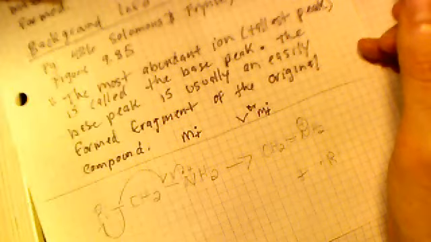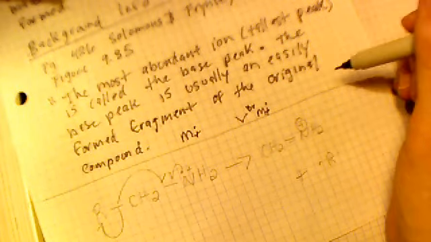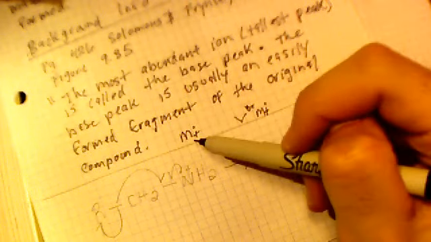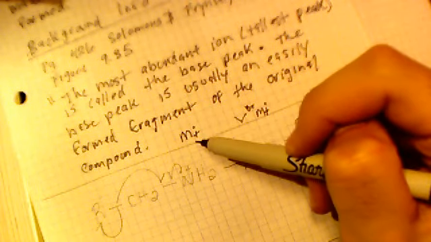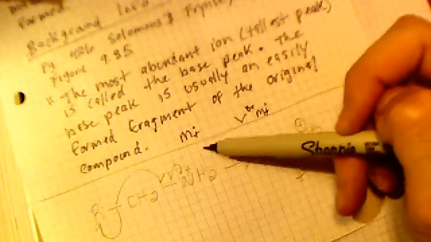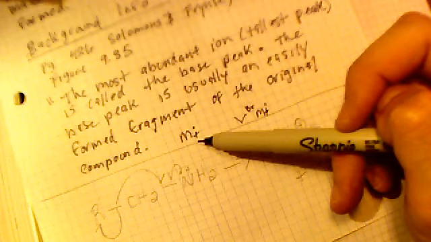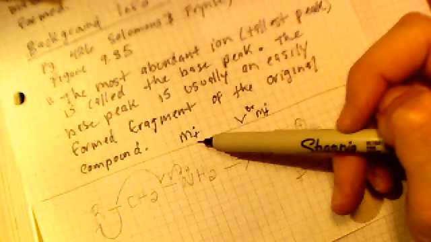However, when it does fragment, because it can easily fragment, that fragment is the tallest peak. If the original compound easily fragments, this is not going to be the tallest peak. It won't be the base peak. If it doesn't easily fragment, it will be the base peak, it'll be the tallest peak.